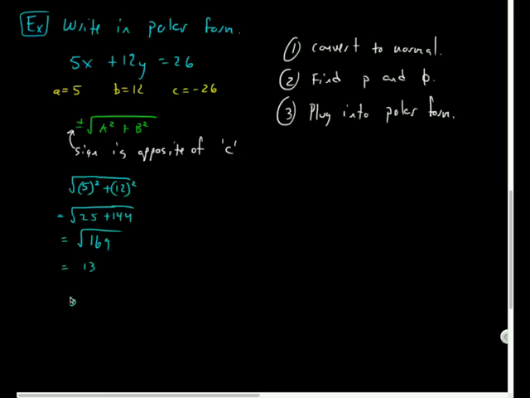I'll have 5x plus 12y minus 26 equals 0, dividing everything through by 13. A completely legal move, not changing the equality of the statement. So I've got 5/13 x plus 12/13 y, minus, and 26 divided by 13 is 2, equals 0.